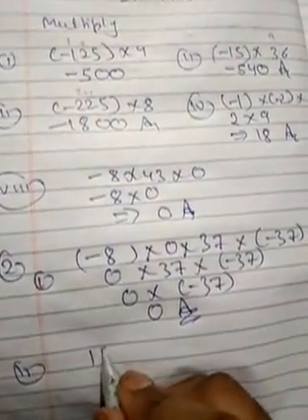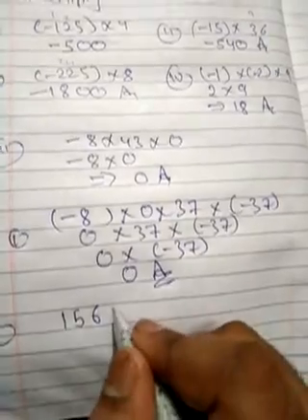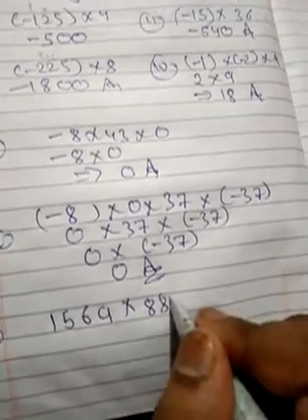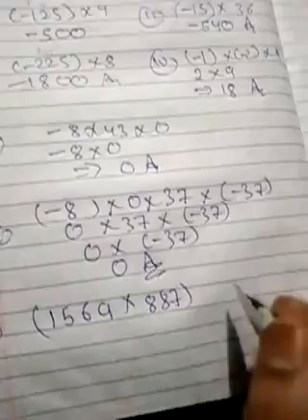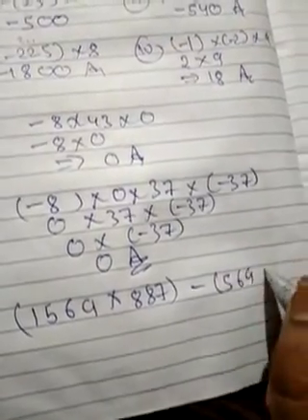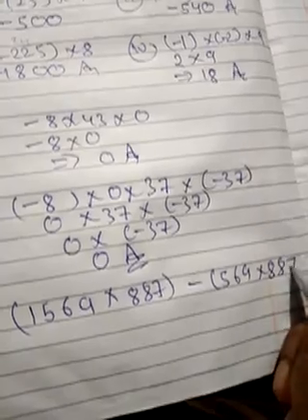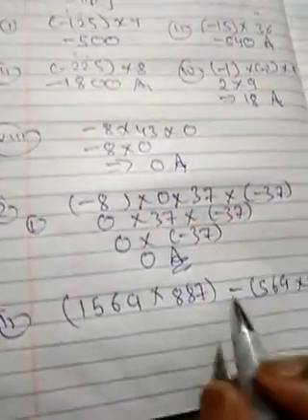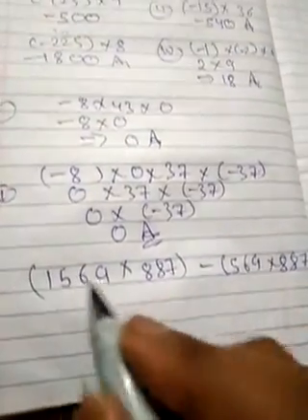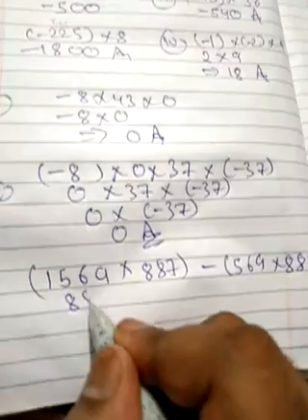Now, move to the next part, second part. It is 1569 into 887 minus 569 into 887. Now, we can see 887 is common in both the terms. So, we will take out 887 as common.